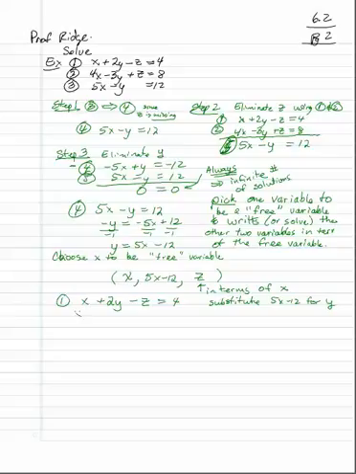I'm going to put it in equation 1. We get 5x minus 12 and solve for z in terms of x.